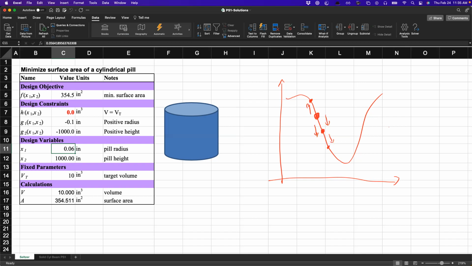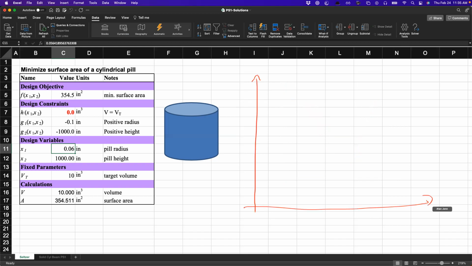But you can imagine, what if my function looks like this? What if my function looks like this? And I choose to start over here, and I go this way, and I go this way, and I say, oh, I don't see an appreciable improvement in my objective value as I take steps in a certain direction.